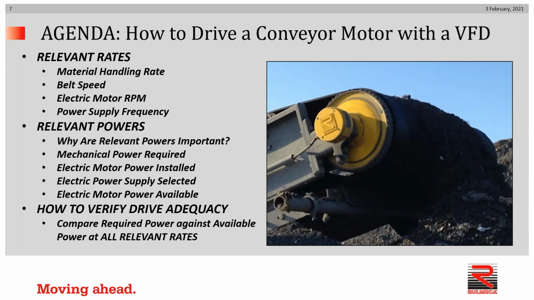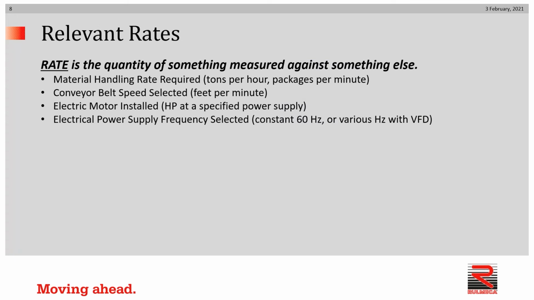We'll review why relevant powers are important, what is mechanical power required, what do we mean by electric motor power installed, what does it mean when we select a power supply frequency, and what is electric motor power available. And finally, we'll show the technique on how to compare powers at all relevant rates.